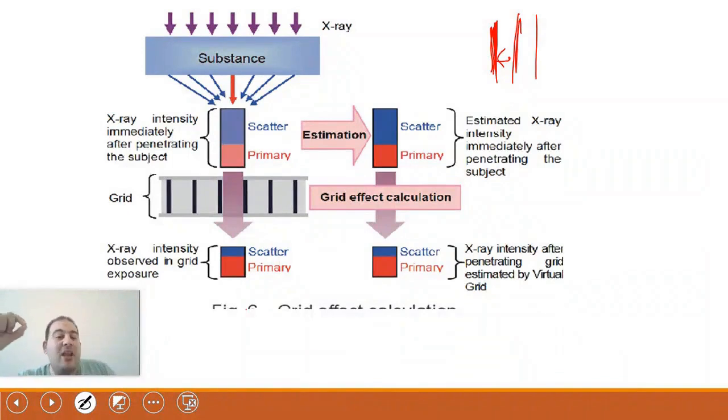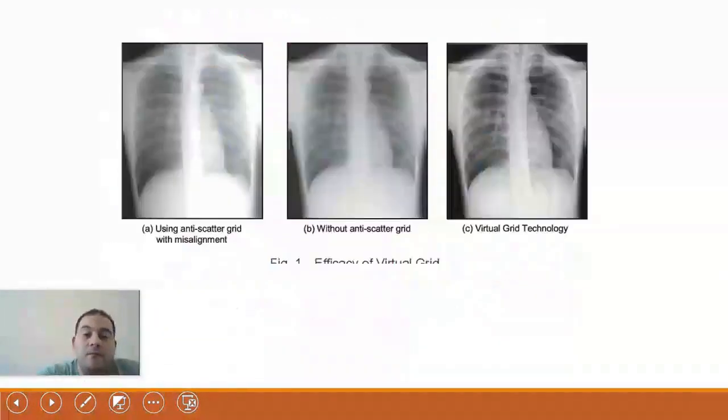However, you must choose the patient value before the operation, and there is a program that simulates the patient value and the scatter before the operation. There is a factor that works on the primary radiation, which is referred to as the scatter to primary ratio.